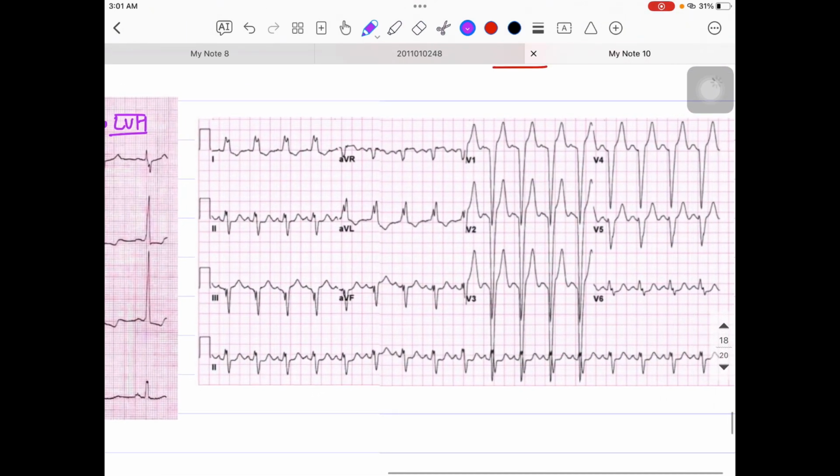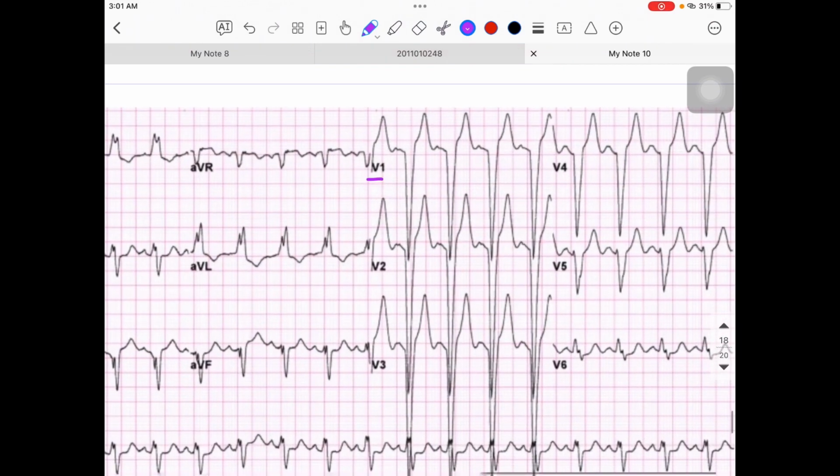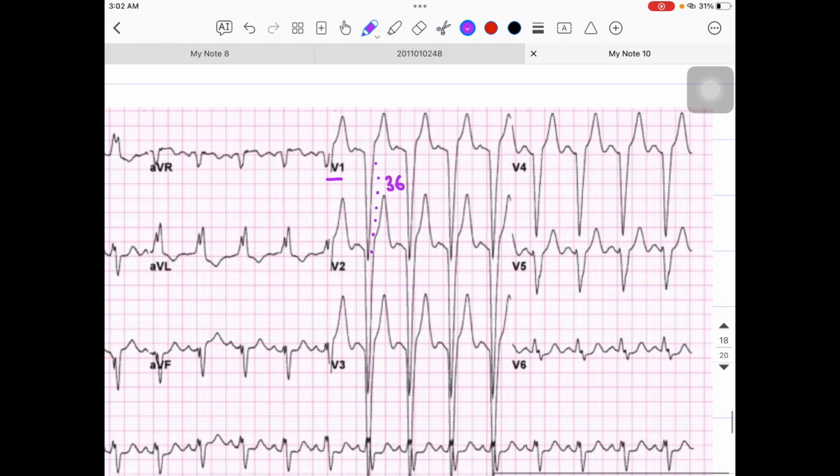Now let's focus on this particular ECG. Let's look at V1, right? S wave in V1. There are a lot of boxes, 1 2 3 4 5 6 7, around 36 small boxes in the S wave of V1.